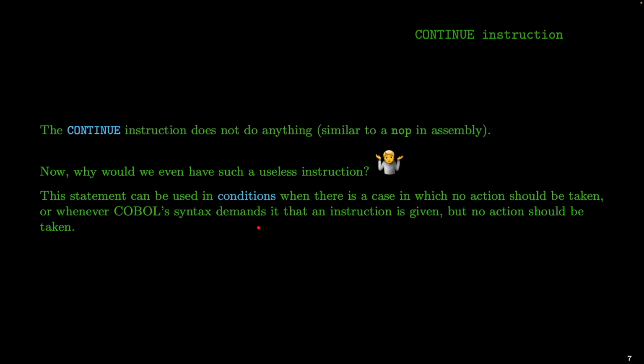So in that case, we could simply write continue, so do nothing, just proceed with the program as you would otherwise. And for this, it might be useful to use the continue instruction.